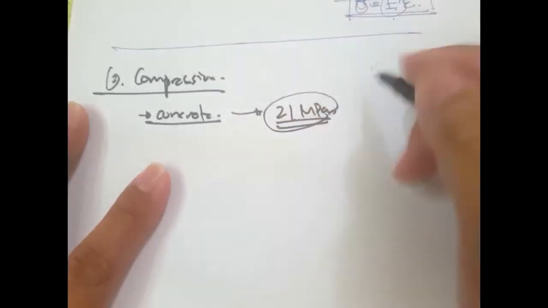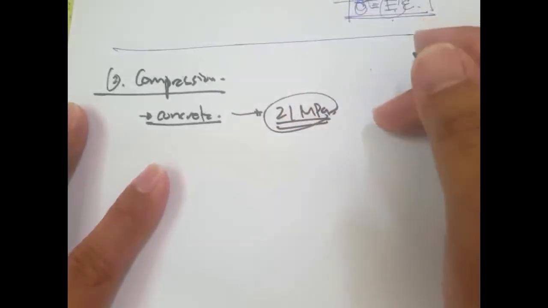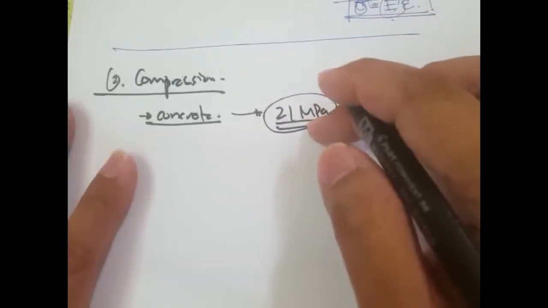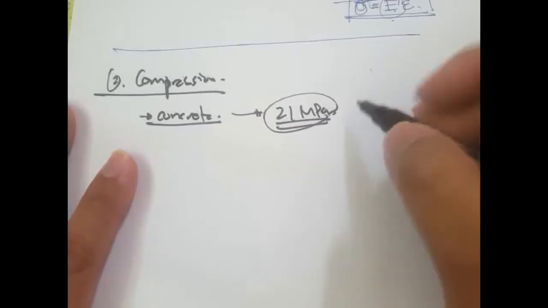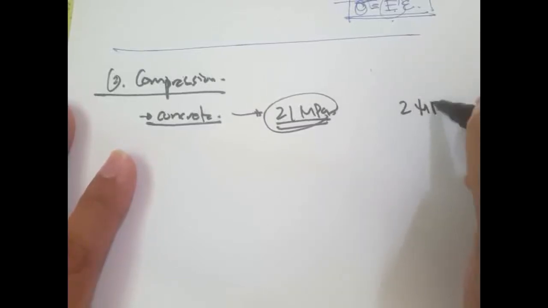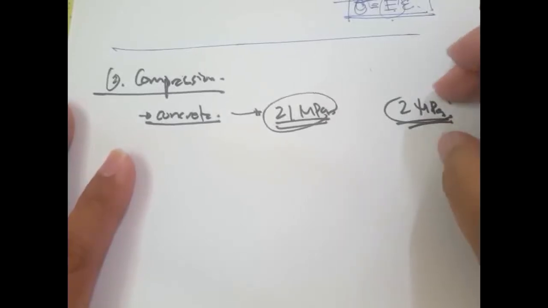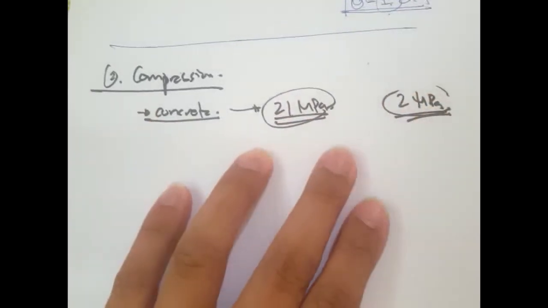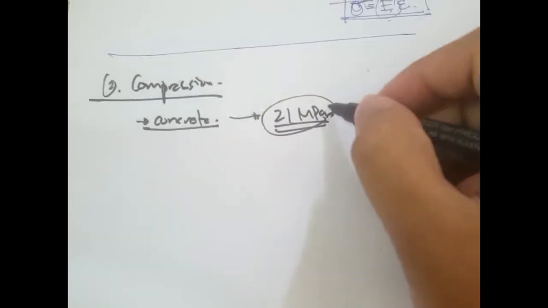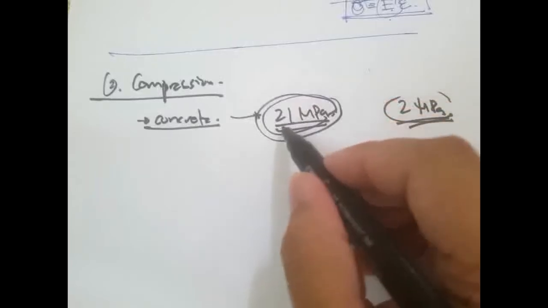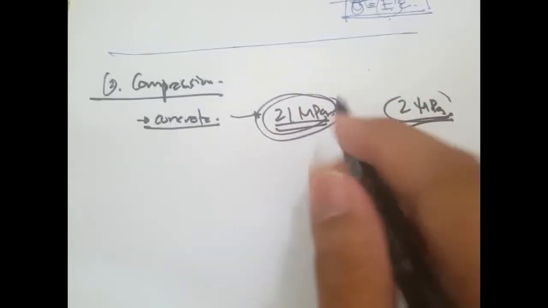Its tensile strength is just around 8 to 12% of the compressive strength, so that means it's just around 2 megapascals for tension. That's why brittle materials like this are tested, or utilized, for compression.